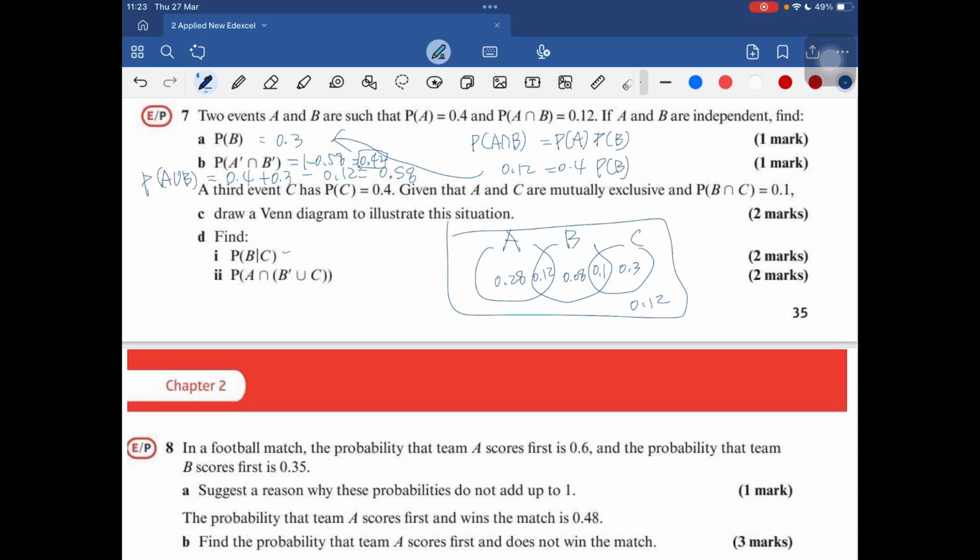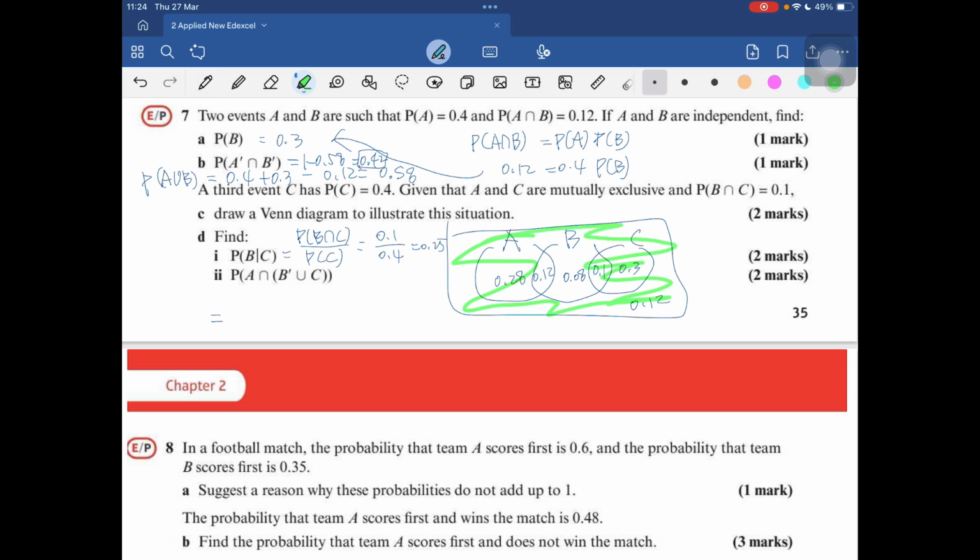So find the probability of C, the numerator is B and C. So B and C is 0.1 out of 0.4, 0.25. And this one, outside of B, complement of B, or C, like this.